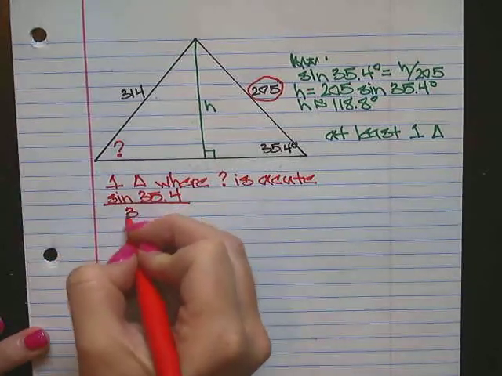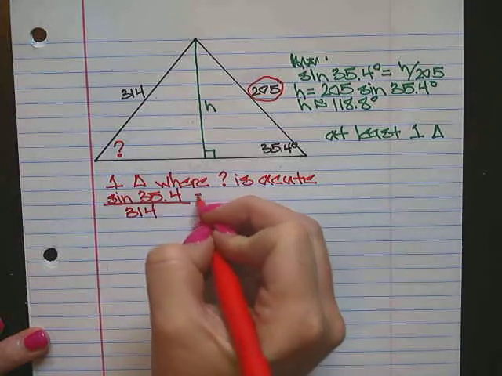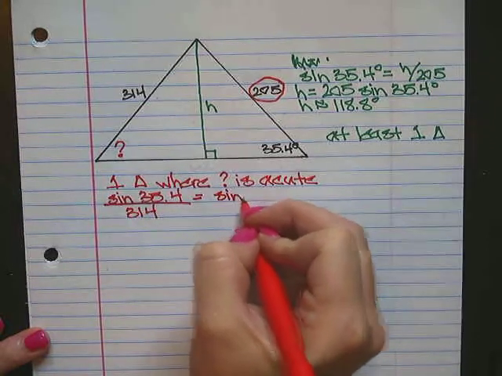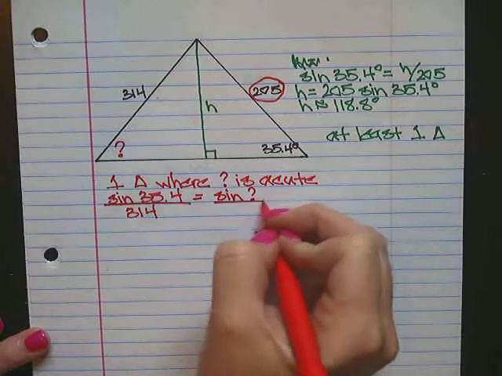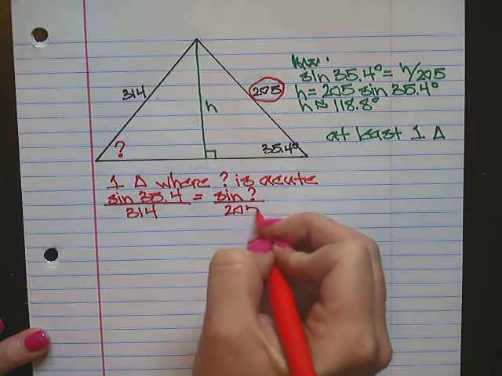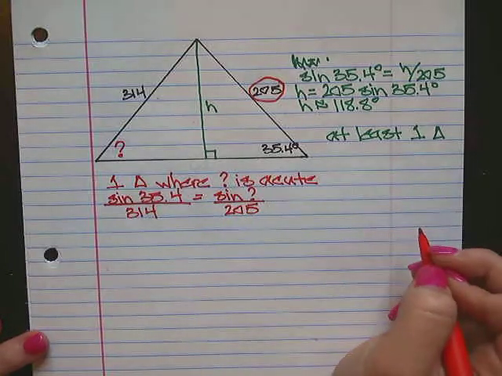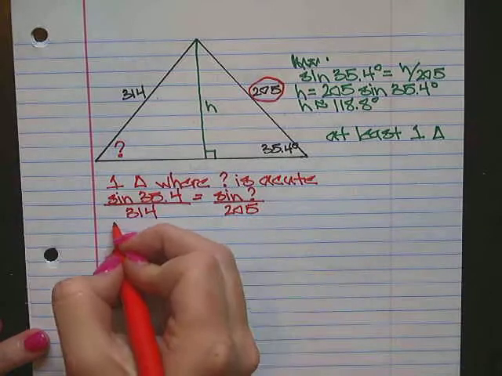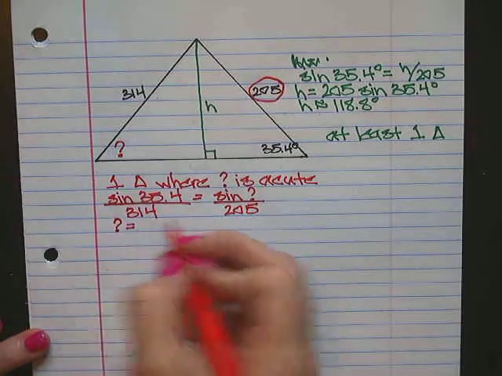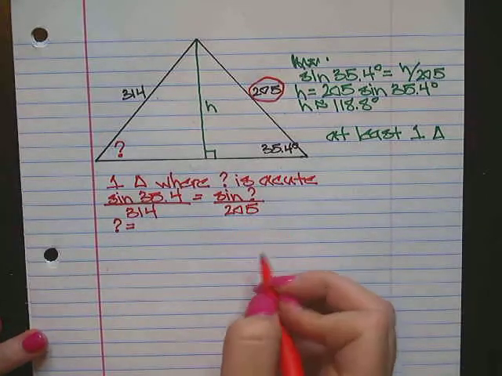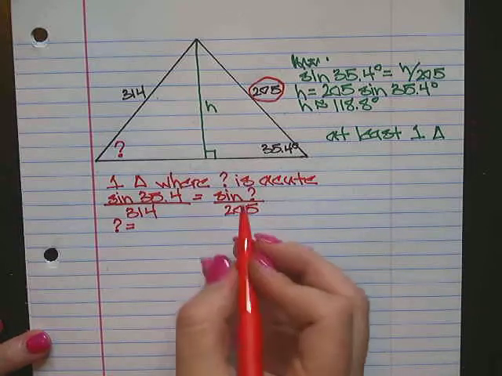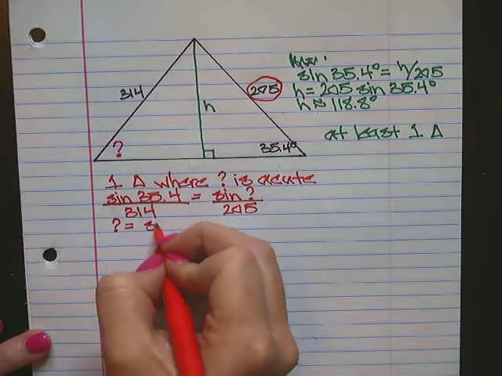So we can solve for that. We would set up our base ratio of sine 35.4 over 314 equals the sine of our question mark over 205.